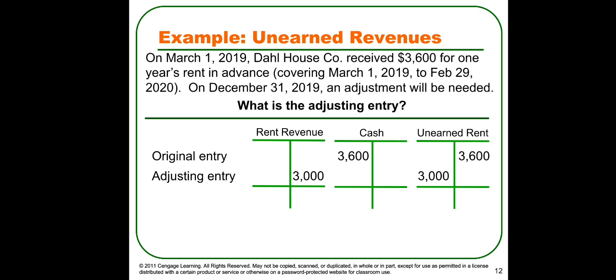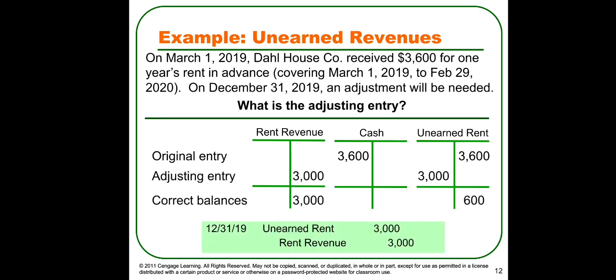So when you know that the rent revenue is 3,000, you have to reduce the liability and record it as revenue. How do you do the adjusting entry? First, record the revenue of $3,000. Revenue increase in accounting, you credit. So credit account rent revenue $3,000. Then you reduce the liability account.